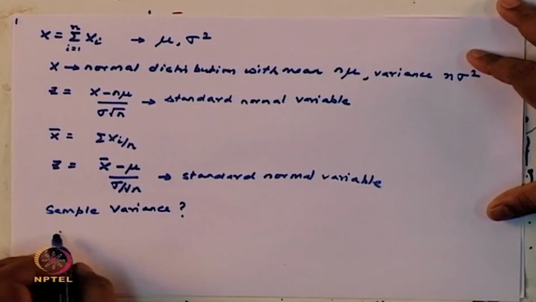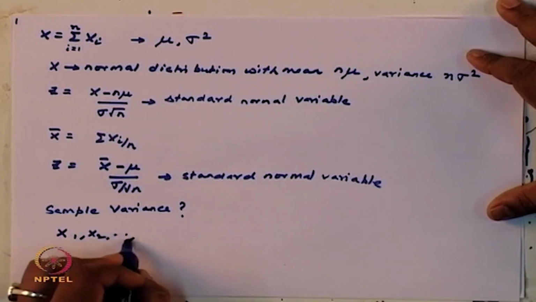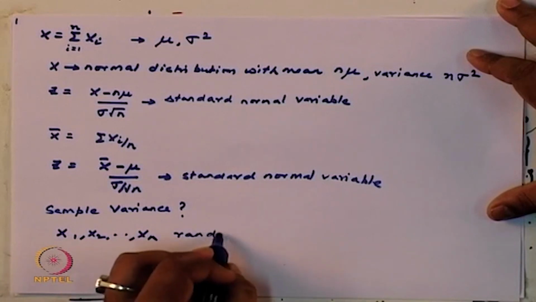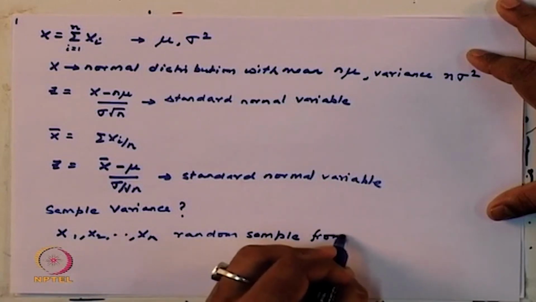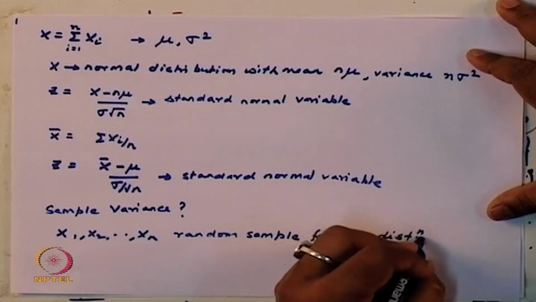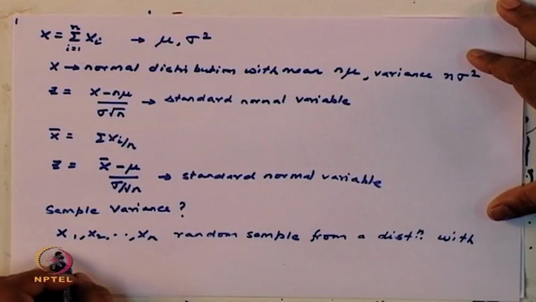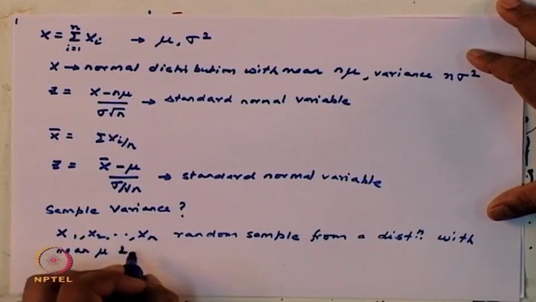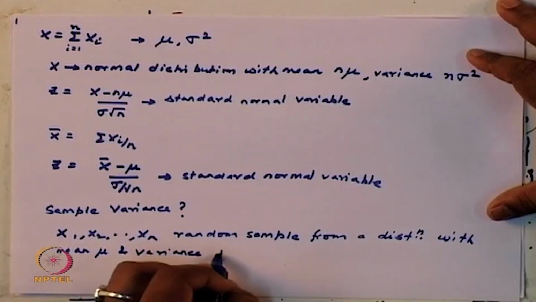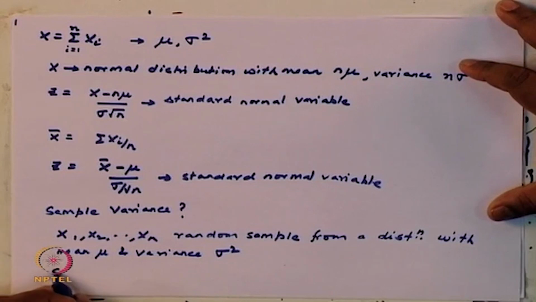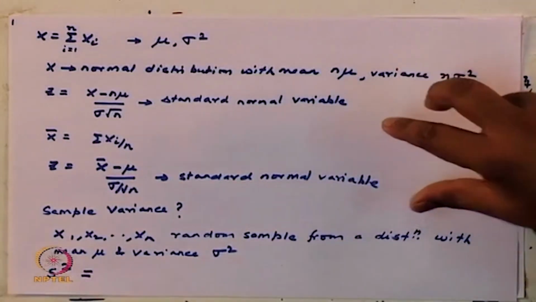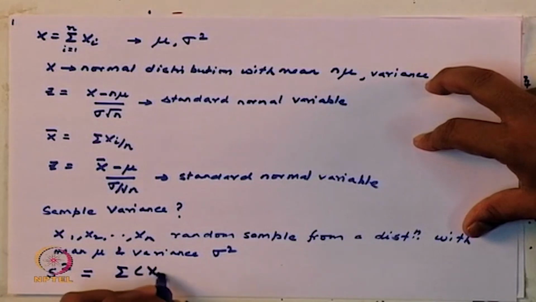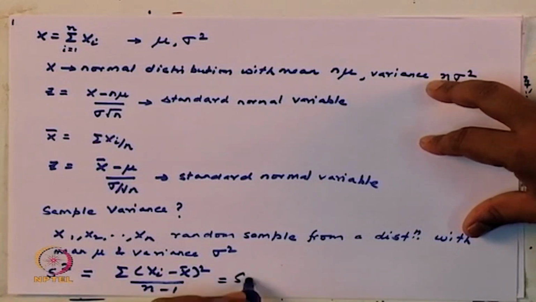If you have X1, X2, ..., Xn as a random sample from a distribution with mean mu and variance sigma square, then I will define my sample variance S square as the summation of (Xi minus X bar) whole square by n minus 1. So this is the sample variance.